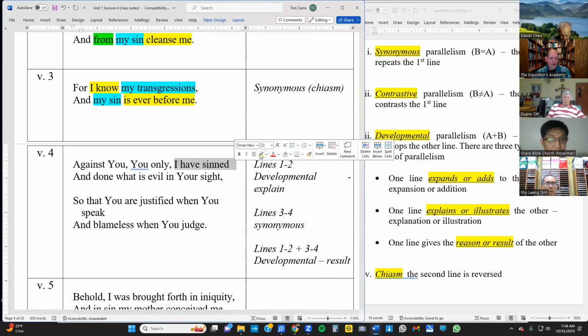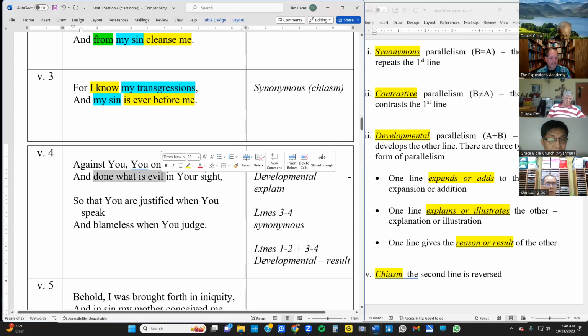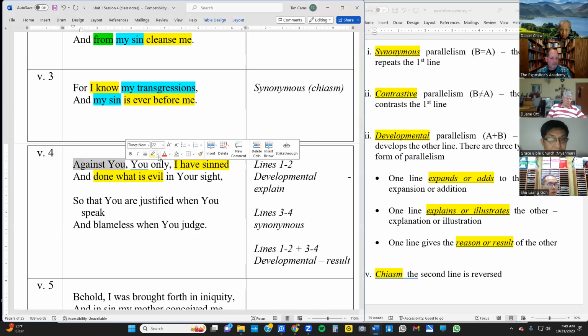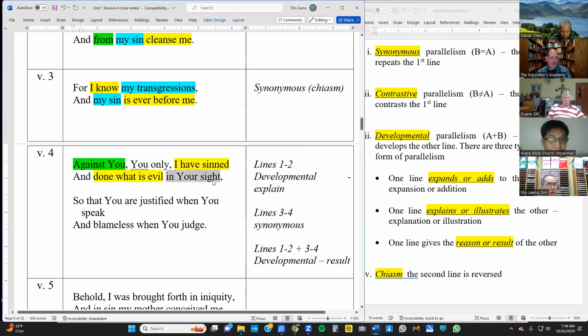So I would say, notice here, I have sinned, and then he has, and I have done what is evil against you and in your sight. So it could be developmental explanation, or I think it looks like, to me, it might be synonymous as well because of the way he's constructed this. I have sinned against you, and I have done what is evil in your sight.